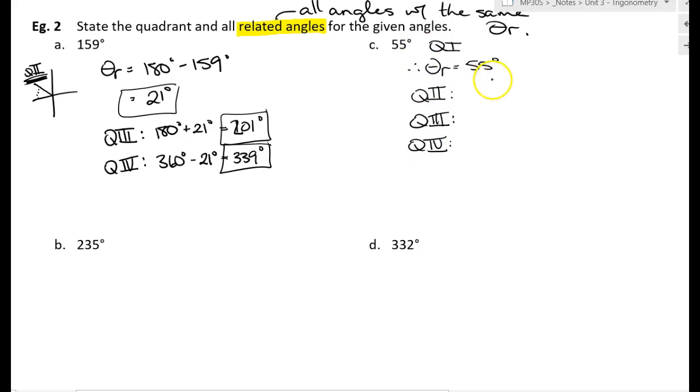So we are going to subtract 55 from 180, which would be 125. Quadrant 3 is 180 plus 55, so that's going to be 235. In quadrant 4, we're going to subtract 55 from 360, so that's going to be 305. So following the same idea as A, just with a slightly different set of values.